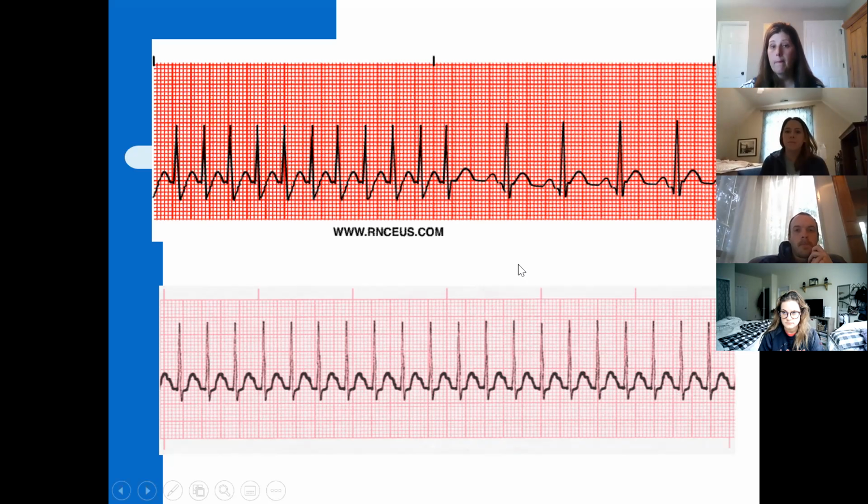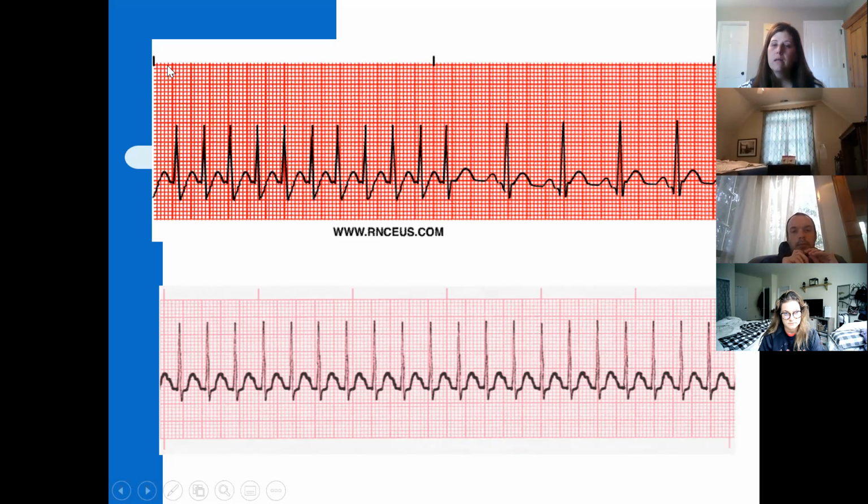You counted that whole strip and then multiplied by 10, but I thought that from one hash mark to the next was 3 seconds, and you're only counting 6 seconds and multiplying by 10. Okay, so that's what I was just explaining. On this particular manufacturer, they put a bunch of hash marks at the top. But if I count out the big boxes, they have put a hash mark at every 1 second instead of every 3 seconds, whereas this manufacturer has the hash mark at every 3 seconds.